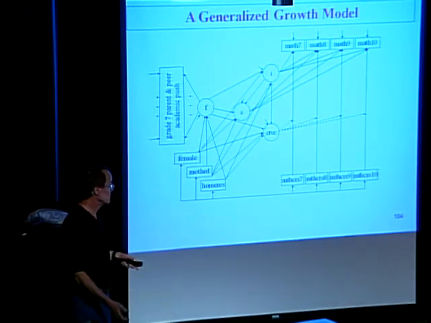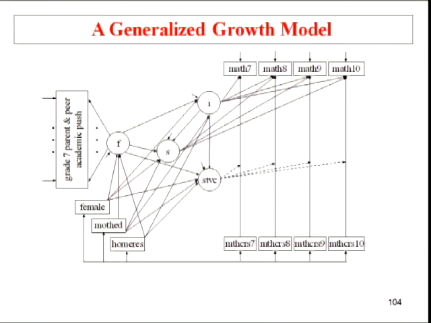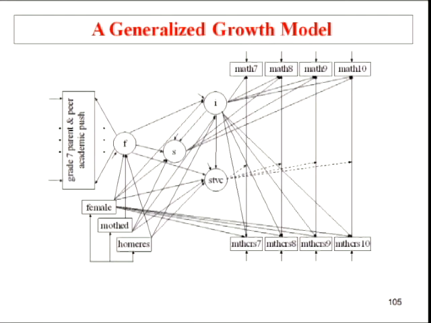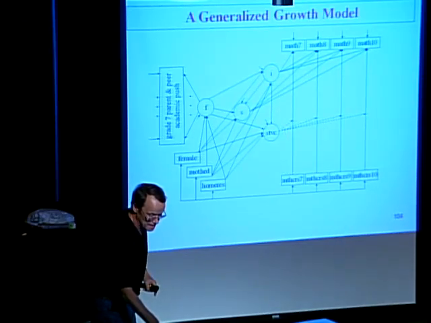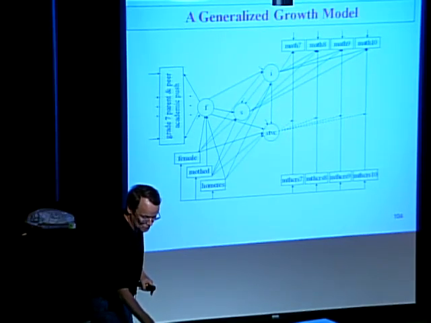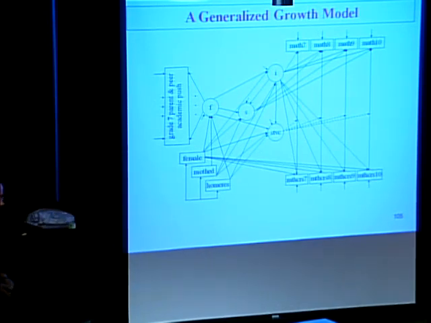And it is an example of what I call an embedded growth model. The growth model is only part of the whole picture that you're interested in. And what about this? Which substantive question are we answering here?